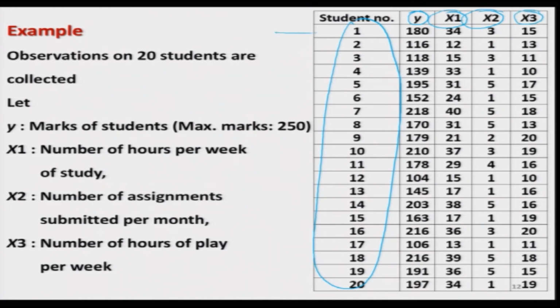So, student number 1 has got 180 marks, has studied 34 hours in a week, has submitted 3 assignments, and has played 15 hours in a week, and similar data is obtained for 20 students. This is the data that we already have used a couple of times.